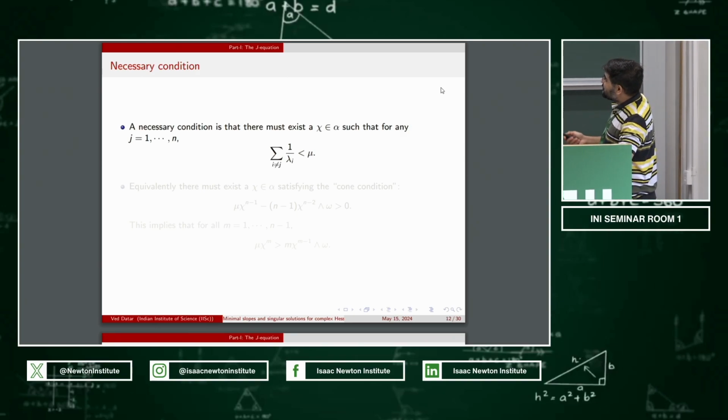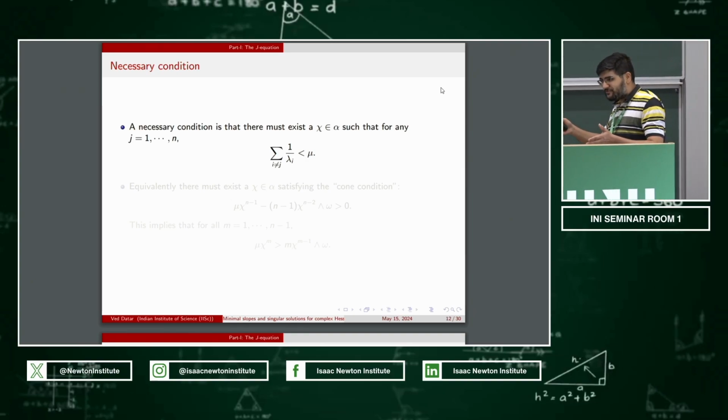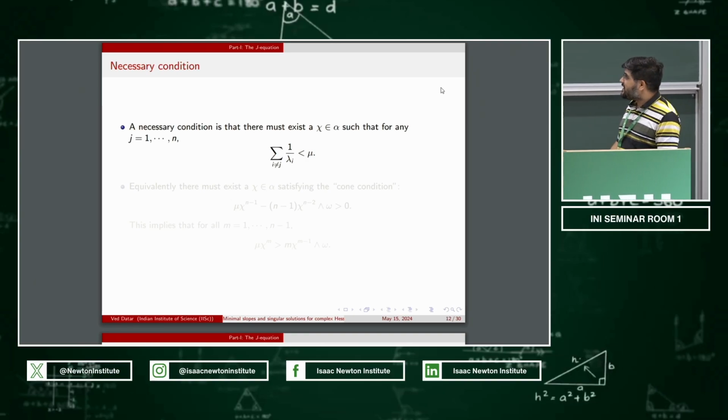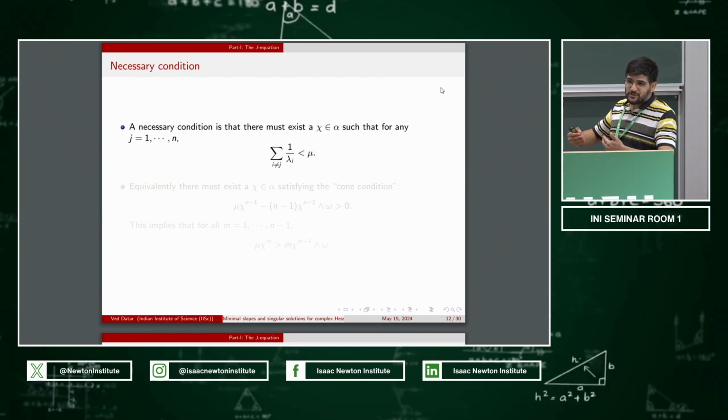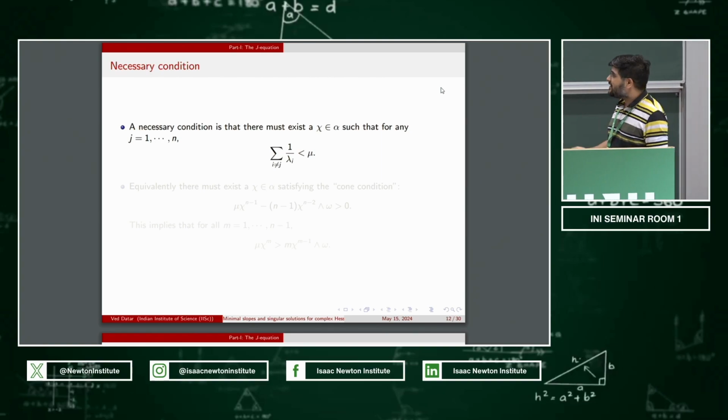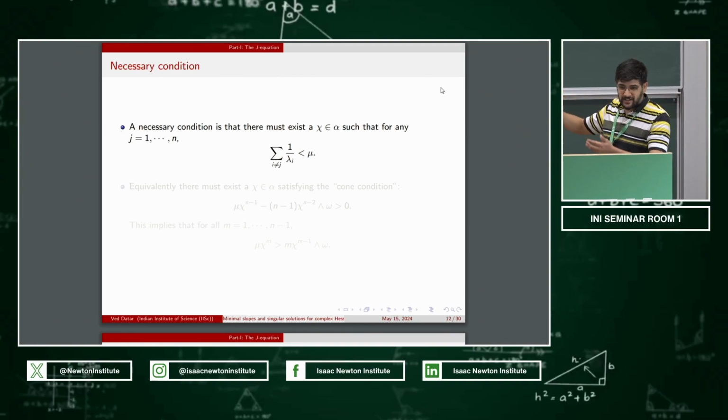So one can start off by doing something silly. The equation is that the summation of the reciprocals is equal to mu. Each of these eigenvalues is positive, so let's just throw away one of the eigenvalues, and then you end up with this inequality, right?